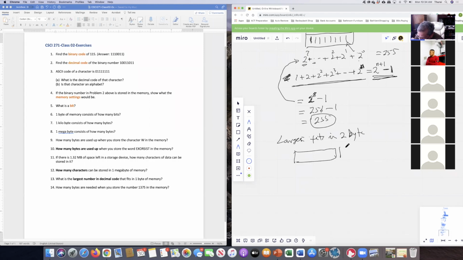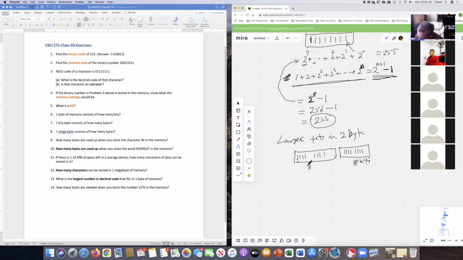The largest number I can store here will be all ones, right? The number that has 16 ones. There are 8 bits here and 8 bits here. If 2 bytes are together, then there are 16 bits altogether. So the largest number that fits in 2 bytes will have 16 ones in it.